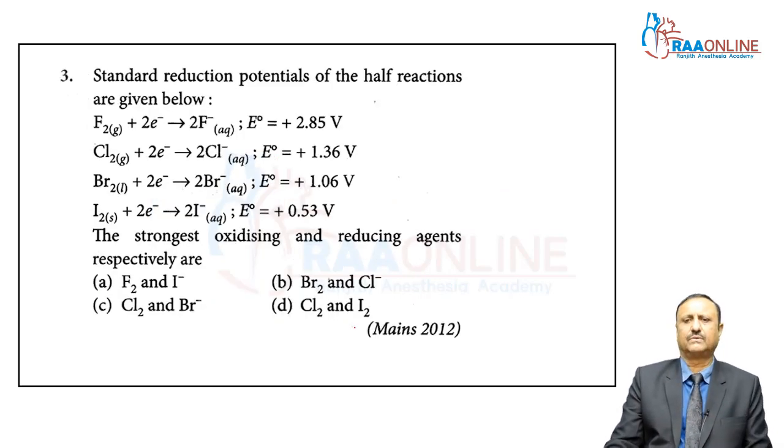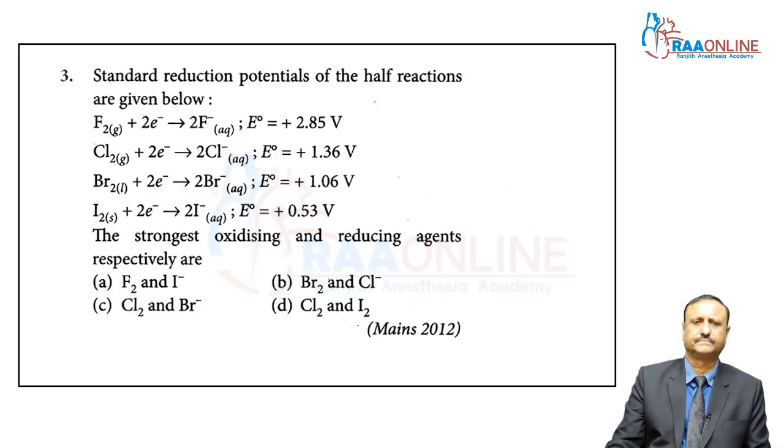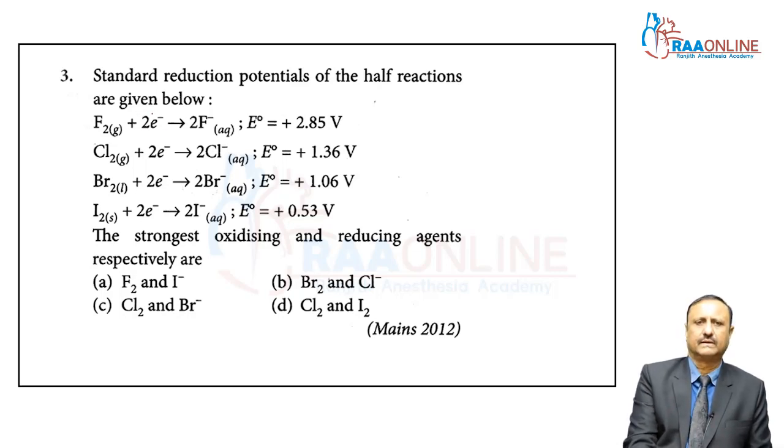Now, my dear friends, we can go to question number 3. Here, the standard reduction potentials of the half reactions are given below. These are the half reactions, and you can see here an electron is taken by this, so these are reductions. Here, reduction occurs.